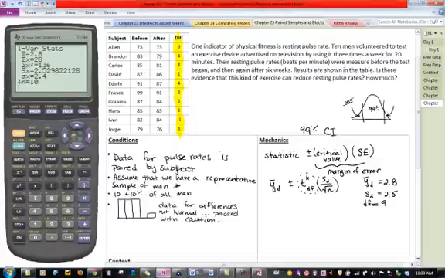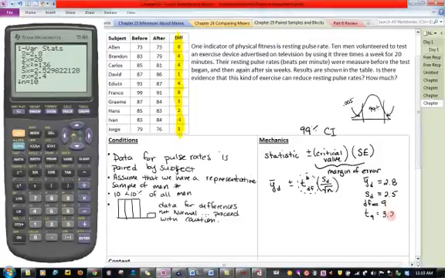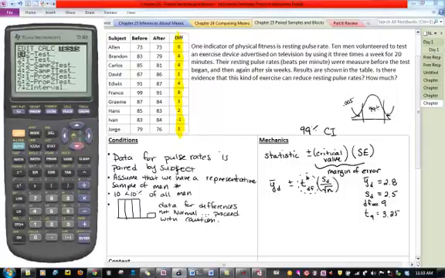You should find something similar in your calculator. So we need to write down 3.25. Once we have all of our inputs, we can just use your calculator to calculate this for us. We're going to go to Tests, and again, this is just like a one sample t-test, or t-interval, sorry.